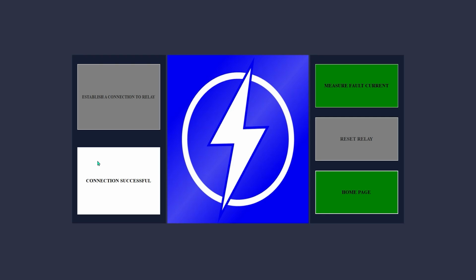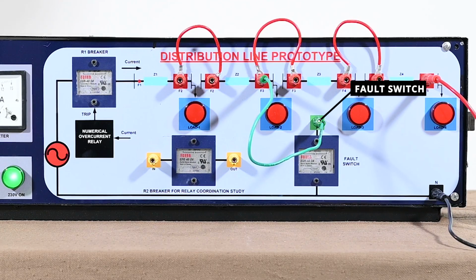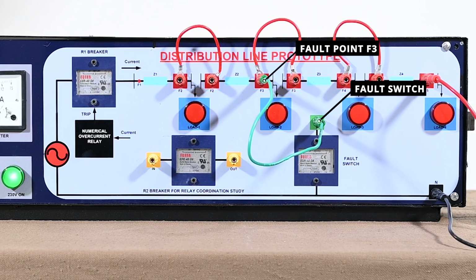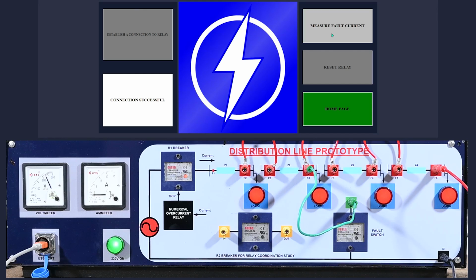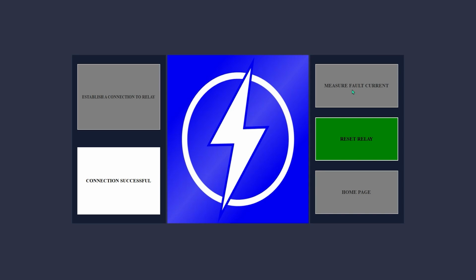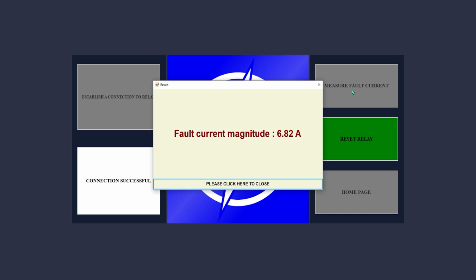In the hardware setup, please connect the patch cord from the fault switch to fault point F3 to create the fault condition at that location. Next, click the measure fault current button. After this, a message will be displayed showing the fault current during the fault at point F3.